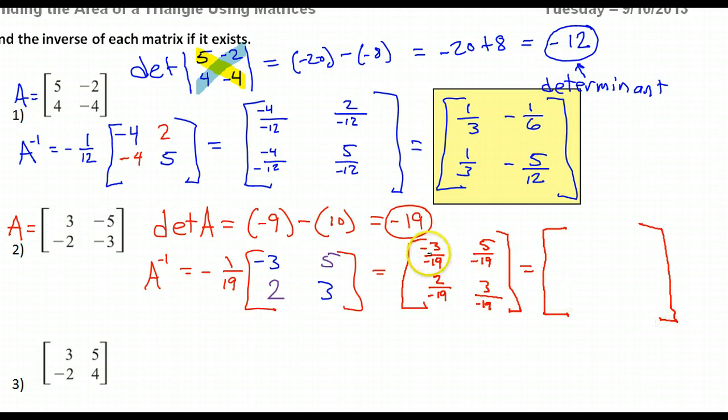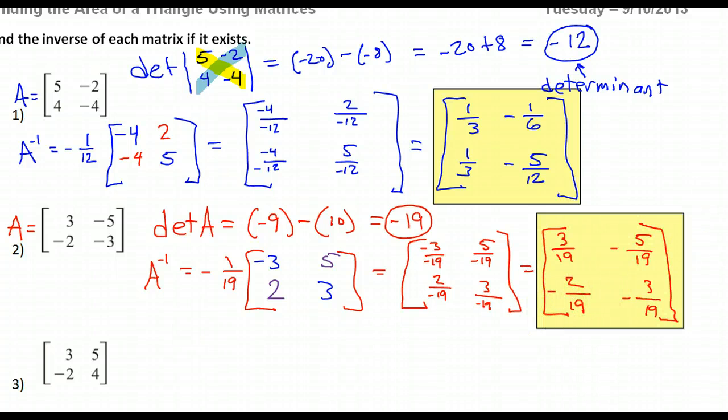Because the only thing that really changes is a negative divided by a negative is a positive. So this would be 3 over 19, and -5 over 19, and -2 over 19, and -3 over 19. So this is the inverse.